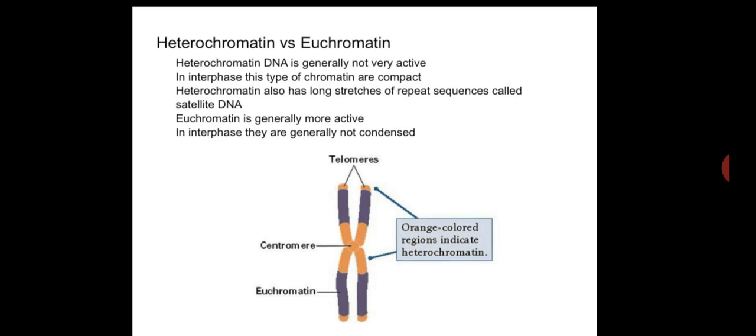So these homologous chromosomes have the same darkly stained or highly condensed areas. These areas are known as constitutive heterochromatin regions. They are permanently inactive, permanently in a highly condensed state during all the stages of the cell cycle.